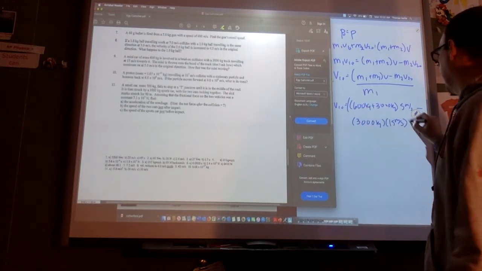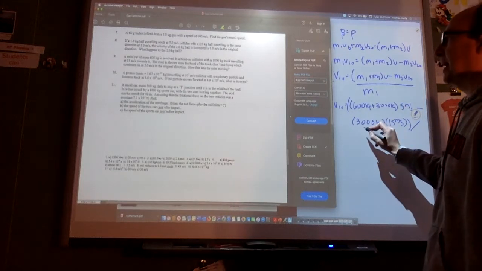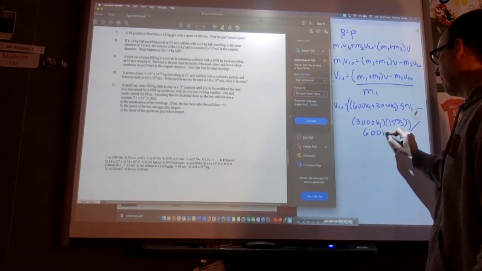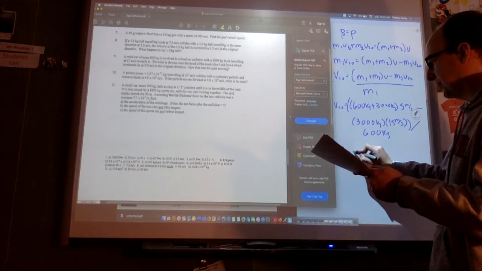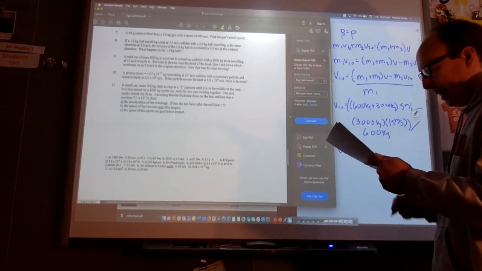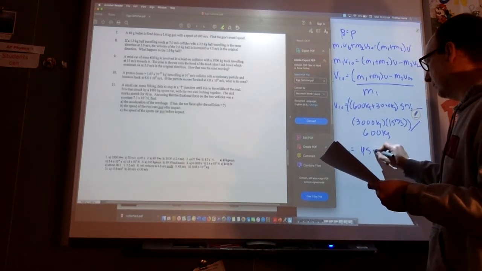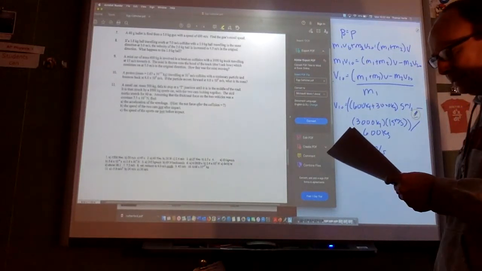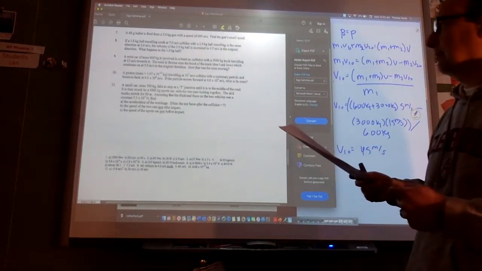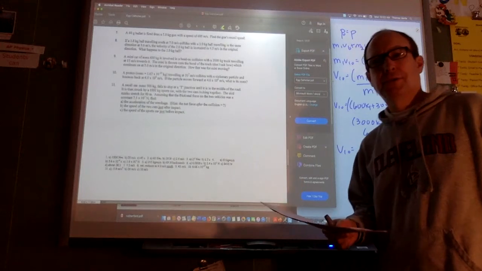And then this is all divided by the mass of the Mini, which is 600 kilograms. And I got 45 meters per second. Geez, I didn't write these problems, but that's right. That's over 90 miles an hour.